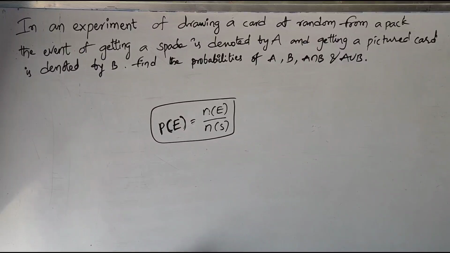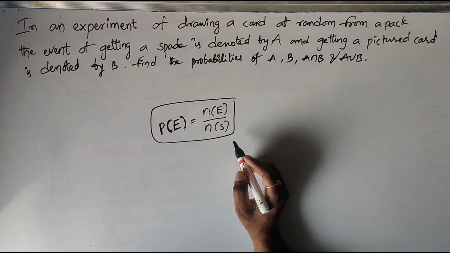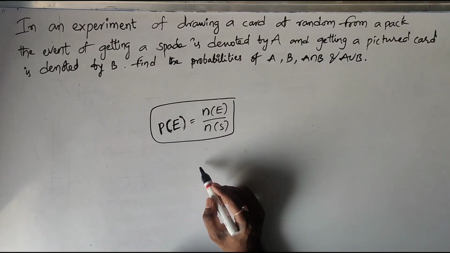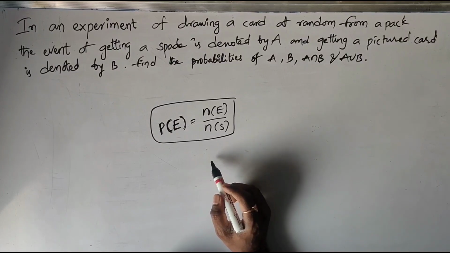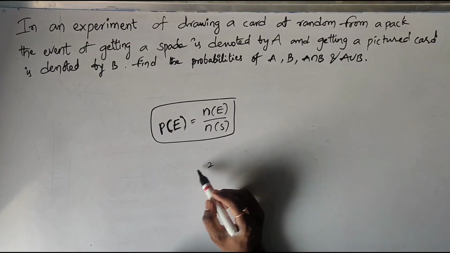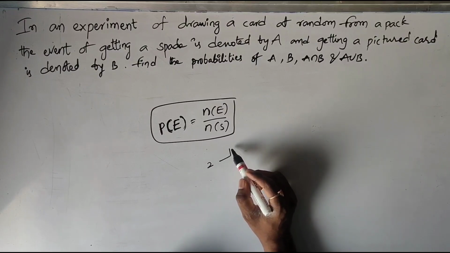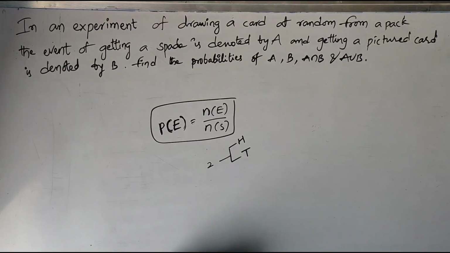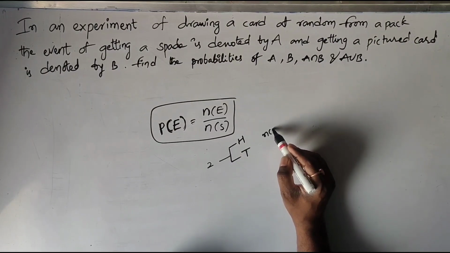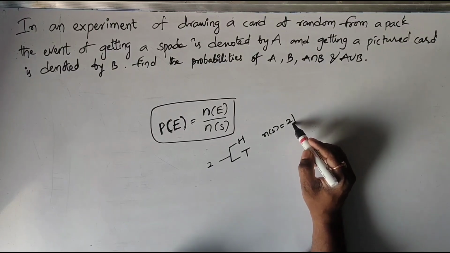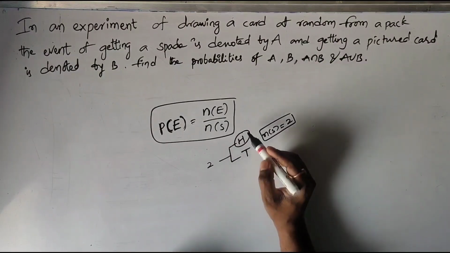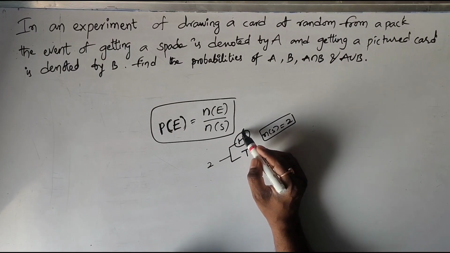Here we discuss some probability. In the experiment of tossing a coin there are two possibilities: either we get head or tail. So total possibilities are two, that means N of S equals 2. Let event E be getting head when tossing a coin.